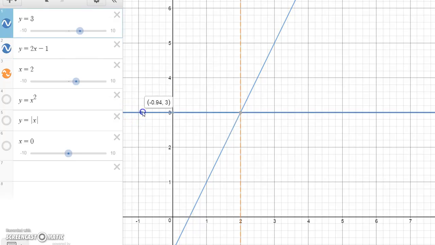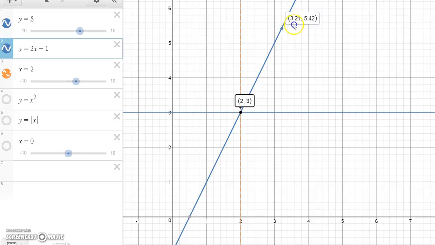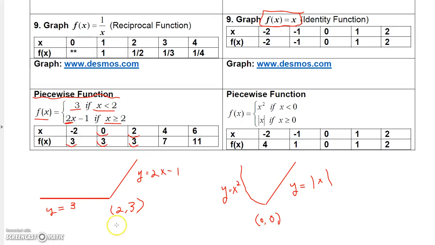On the left of 2, you're going to have this horizontal line, and then when you get here, you're going to draw this. You'll see down here, I've got a horizontal line, and then when I hit this point (2, 3), I'm going to start going up. I change graphs. I go from y equals 3, and then when I get x equals 2, I switch over to this graph, and I follow this graph.